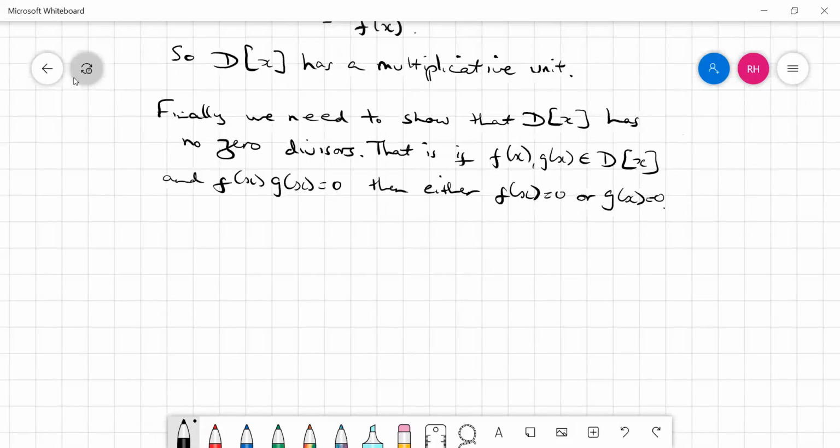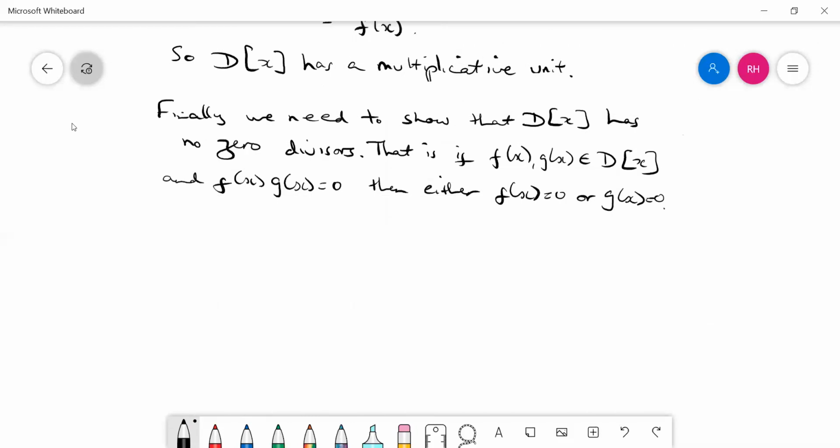I think this time I'll let f(x) equal a0 plus a1 x^1 plus all the way up to am x^m. I think it might be a bit easier if we use this notation.